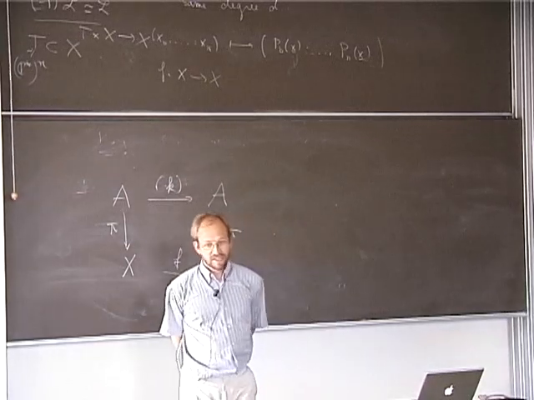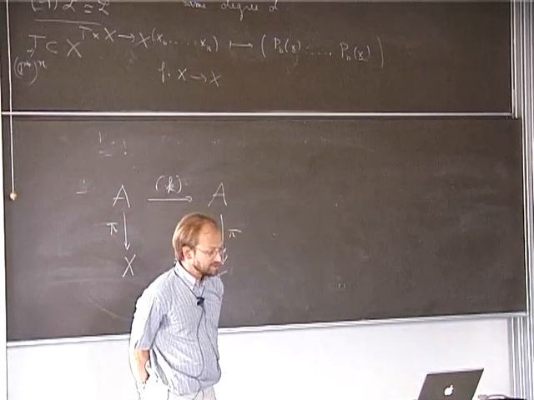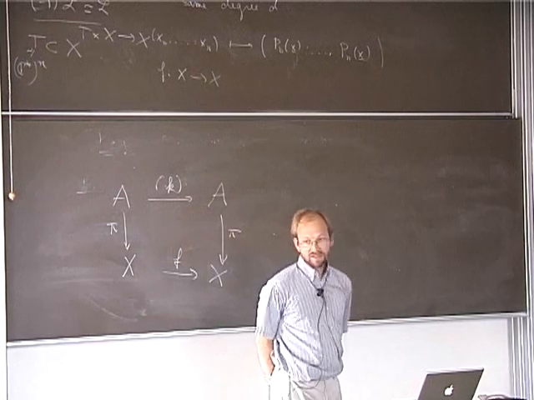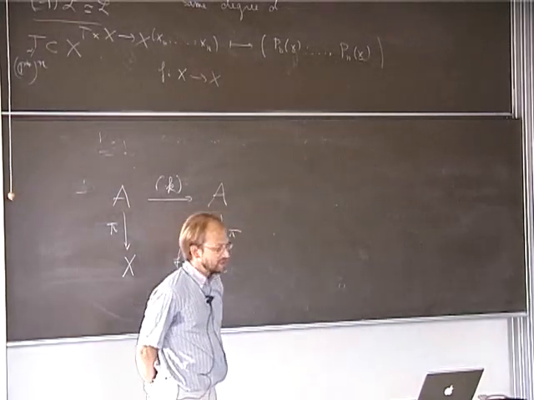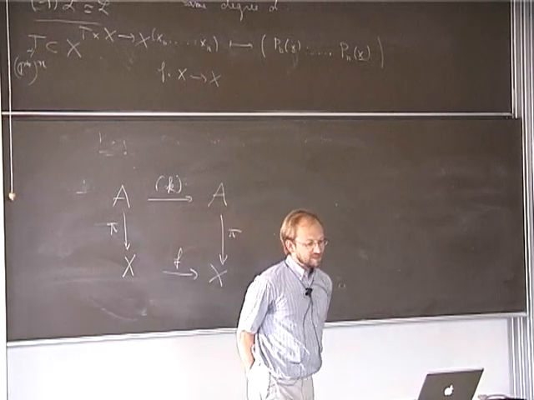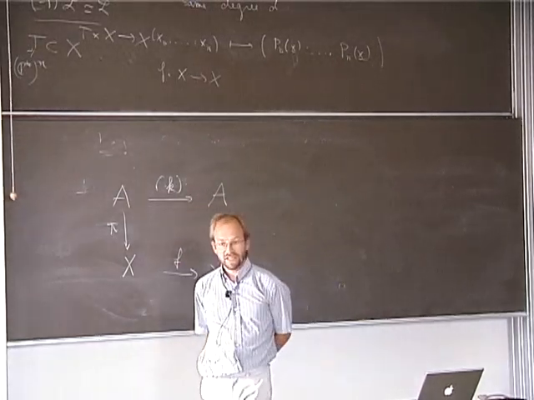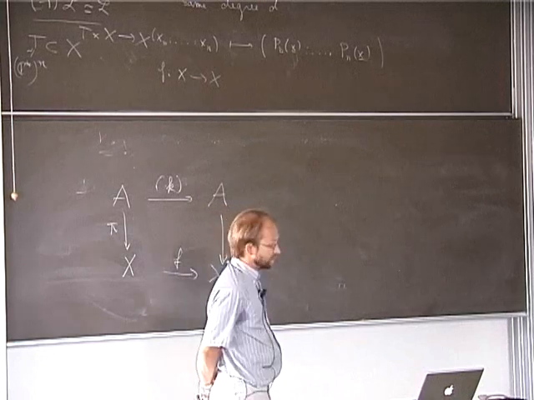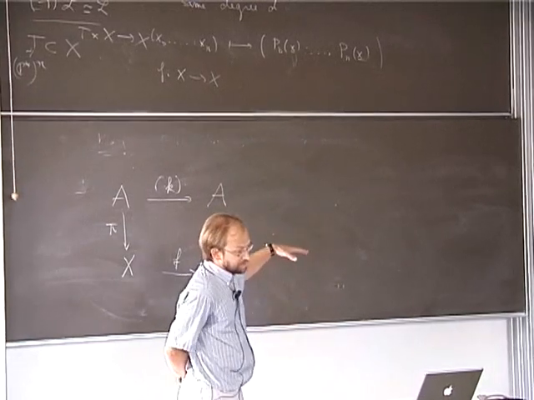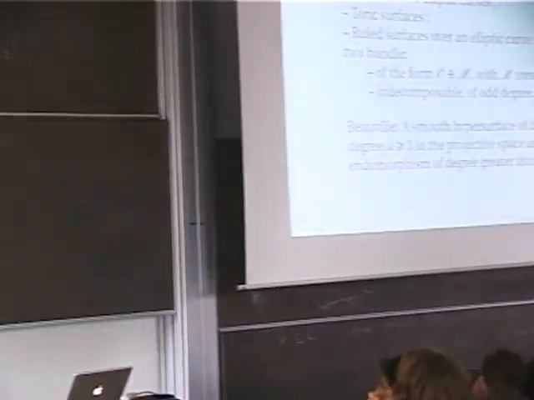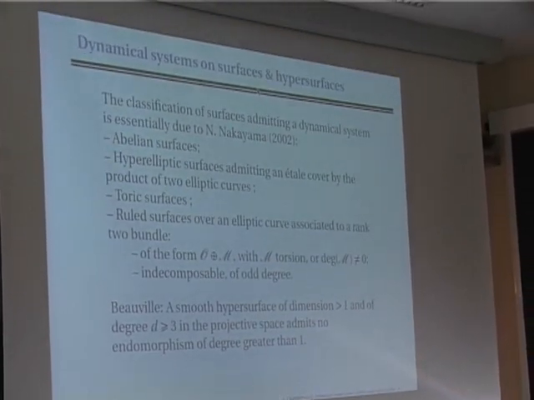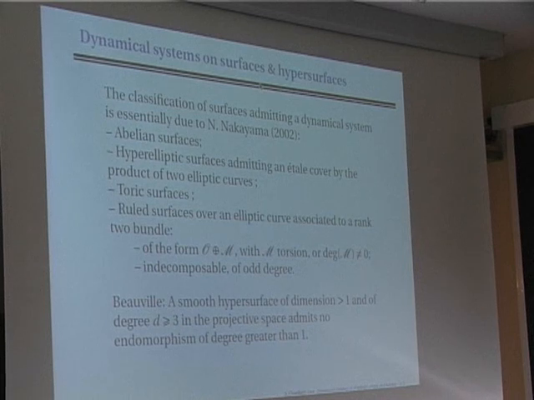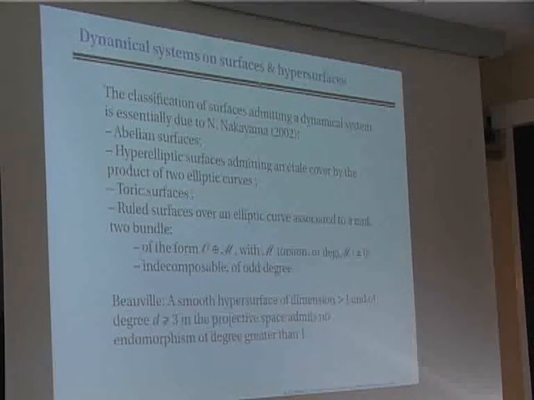The only examples are abelian surfaces, where the map can only be multiplication by some integer; hyperelliptic surfaces, which admit an étale cover by the product of two elliptic curves, so it's still a quotient of some abelian surface; toric surfaces; and ruled surfaces over an elliptic curve.